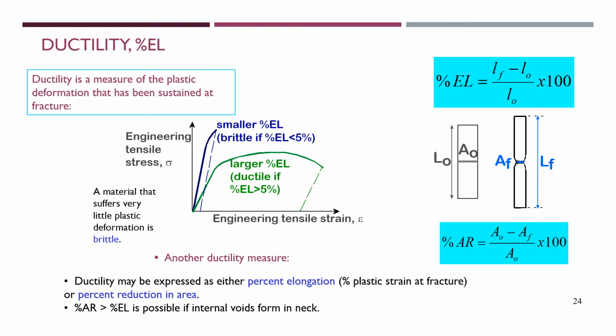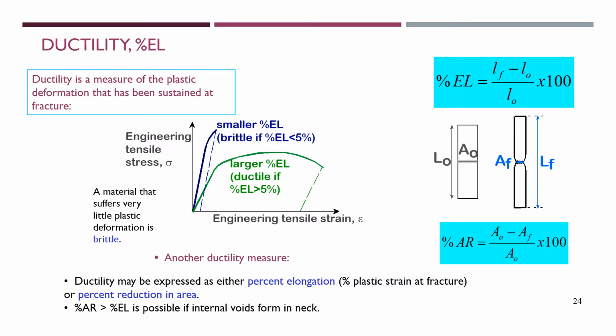But the second material, the green one, has lower tensile strength, as you can see according to the value of the stress here, but higher strain or elongation.